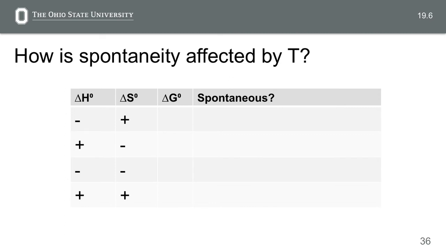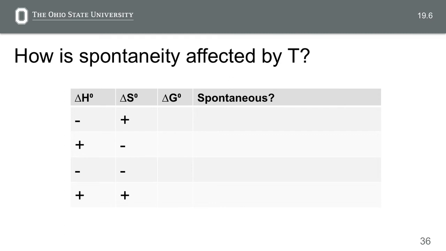We can have an endothermic reaction, so a positive delta H and a negative entropy, and then the situation where both are negative, and the situation where both are positive. And so we can take a look at the sign of delta G, and then be able to predict whether the reaction is spontaneous or not.